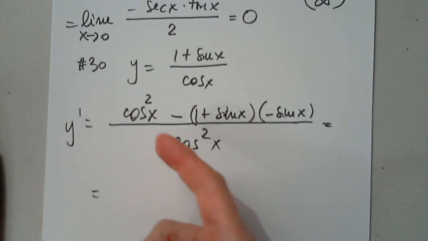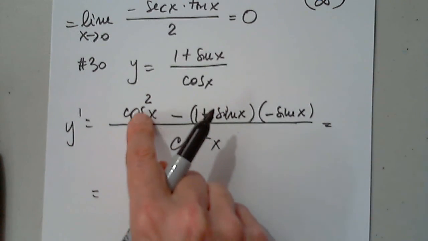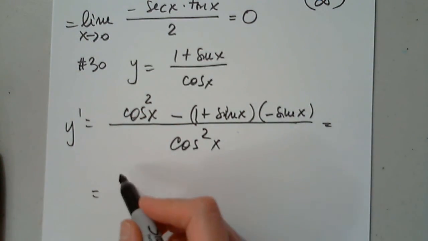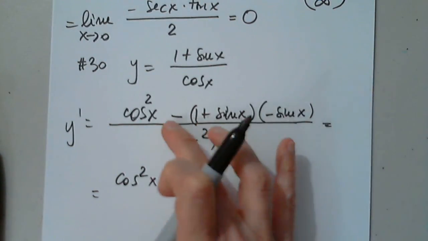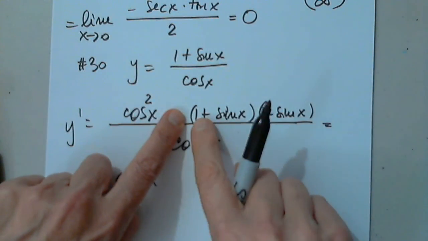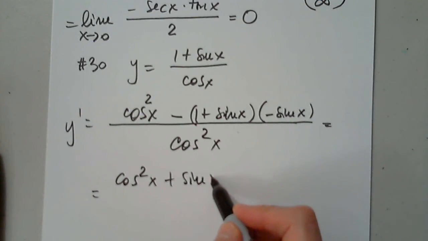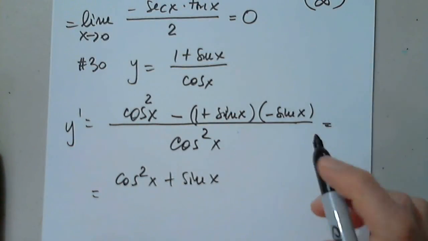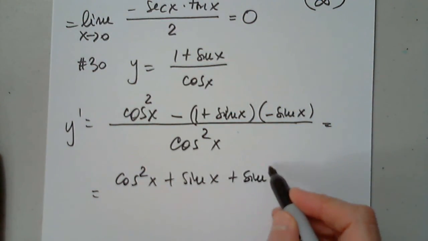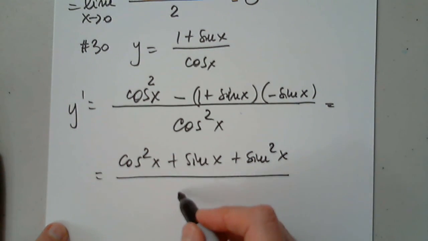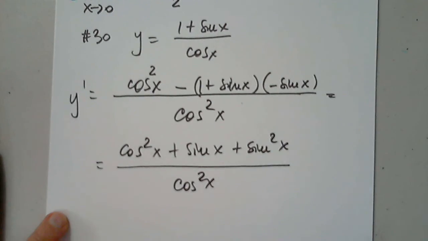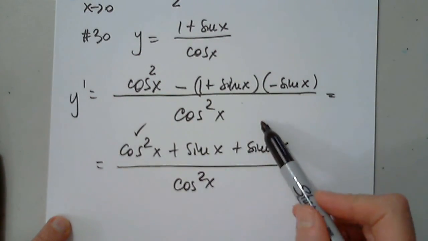Don't simplify. This is not a factor. Careful. So cosine squared, this changes the signs, right? So sine times 1 is positive sine x, and sine times sine will be positive sine squared, divided by cosine squared x. How much is cosine squared plus sine squared?